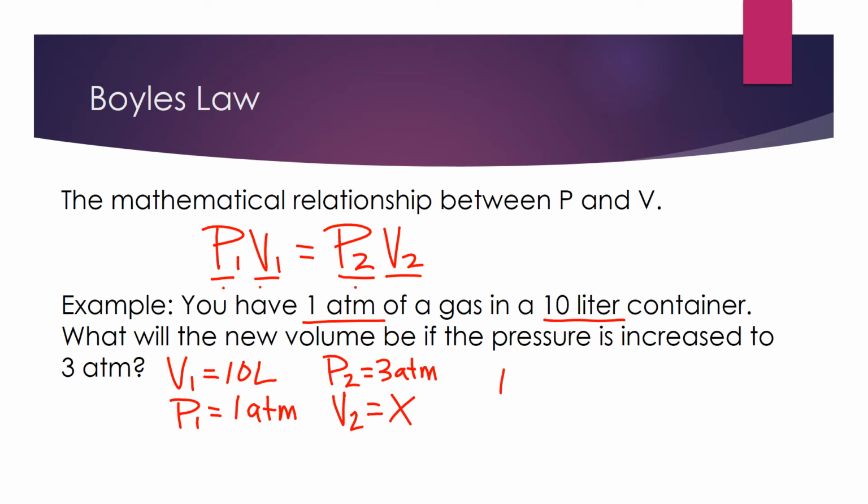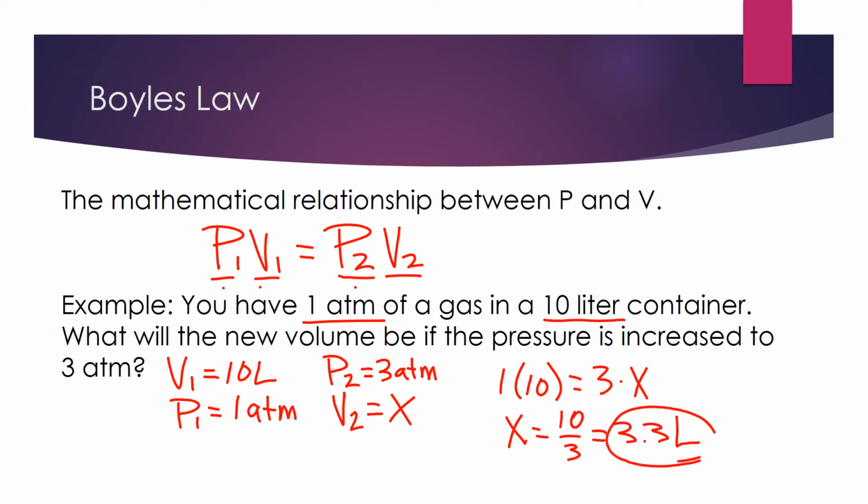P1 is 1 times V1, which is 10, equals P2, which is 3, times X. So X is going to be 10 divided by 3, which is 3.3. And we're looking for volume, so our answer has a unit of liters.